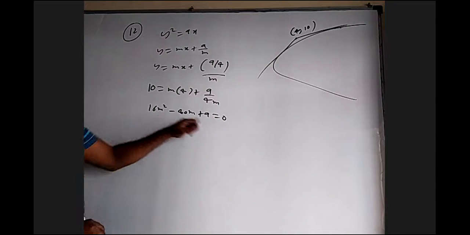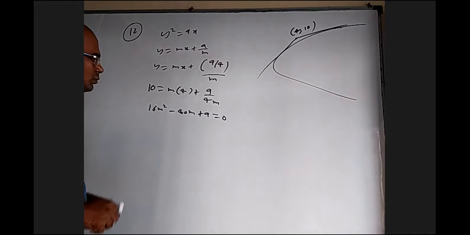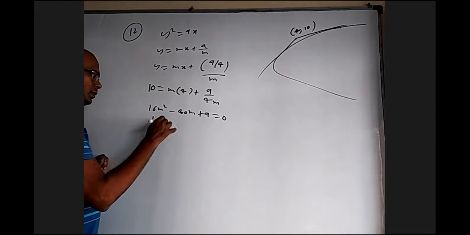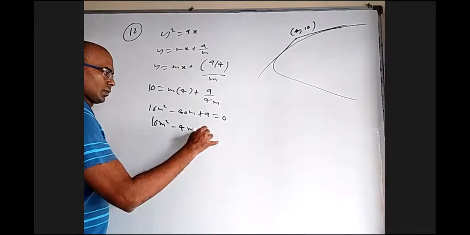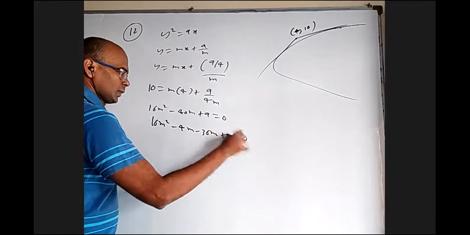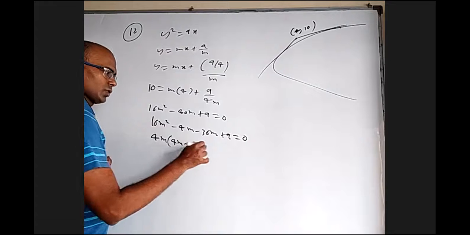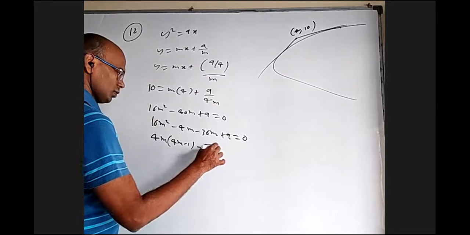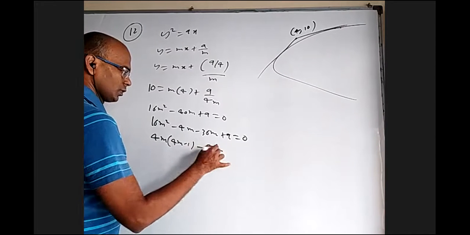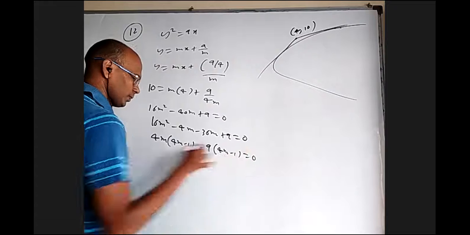Any roots are there? 4 and 36. From this, if you take 4m common, you will get 4m − 1. And here, if you take 9 common, you will get 4m − 1.